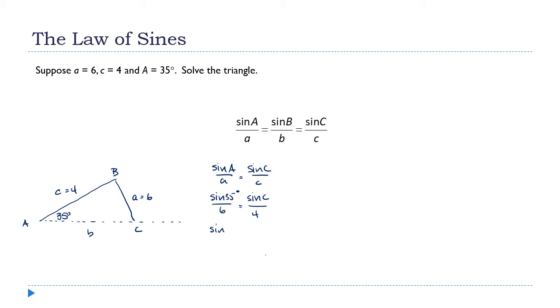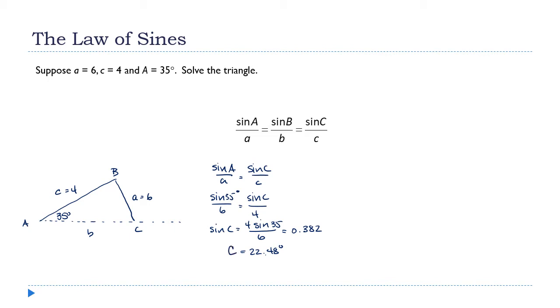The sine of C equals 4 sine 35 over 6, which according to my calculator is 0.382. Get a calculator, inverse sine of both sides. C is 22.48 degrees. Okay, let me make that a capital C, make that clear.